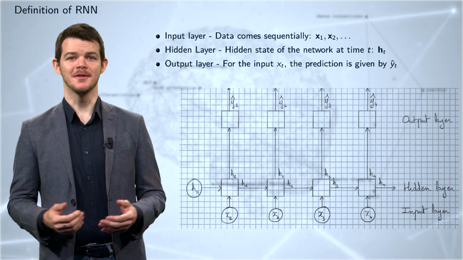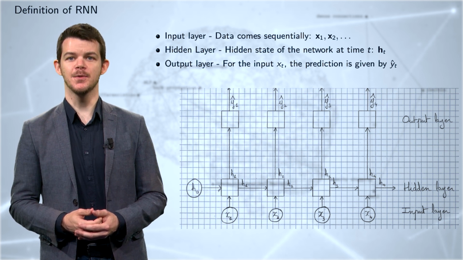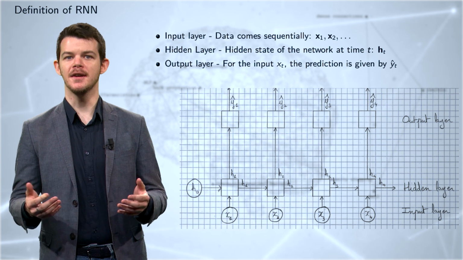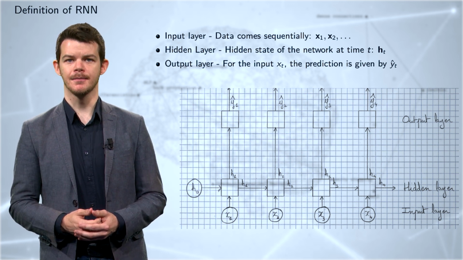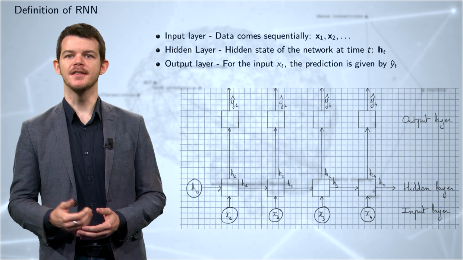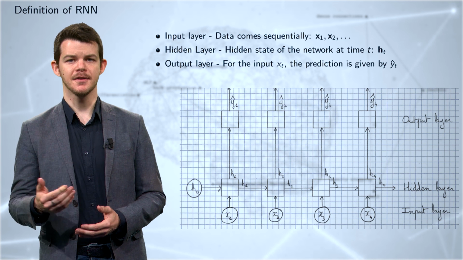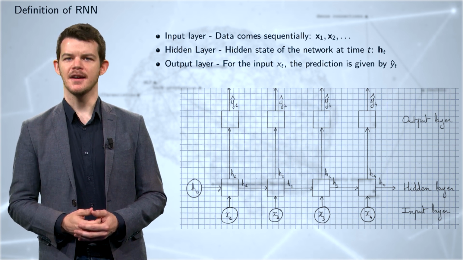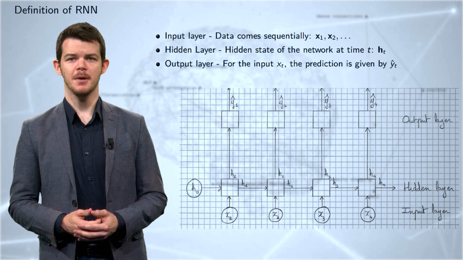A major difference between classical neurons and neurons in RNN is that neurons in RNN, or equivalently hidden states, produce vectors instead of scalars. So here all quantities H0, H1 and so on are vectors and not scalars. The size of the hidden state, its dimension, is an important parameter of RNN.